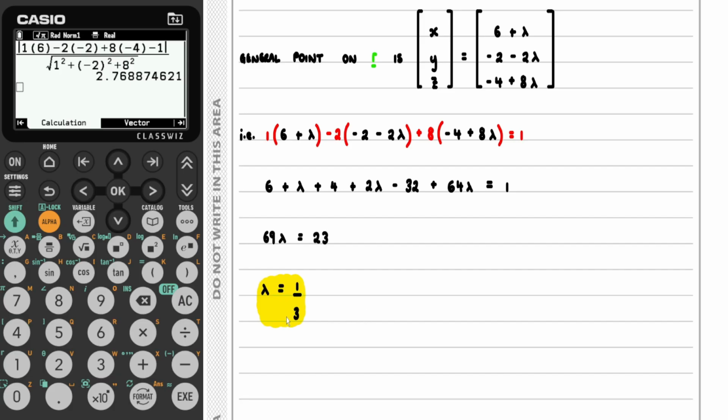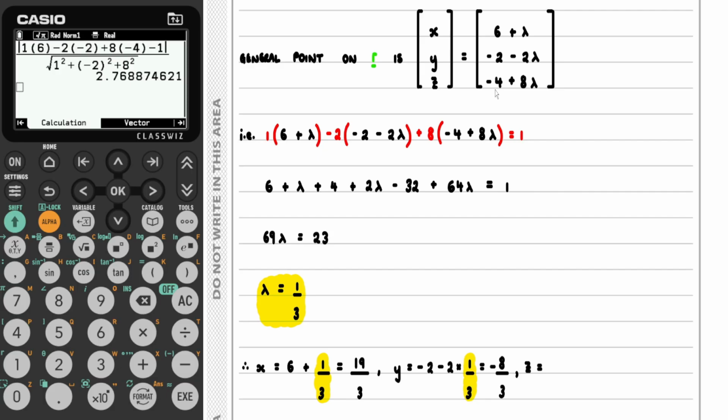And what we can now do is find out x, y, and z. So x will equal 6 plus lambda, so we have 6 plus a third, which is 19 over 3. For y, we have negative 2 subtract 2 multiplied by lambda, so we subtract 2 times by a third, that's equal to negative 8 over 3.